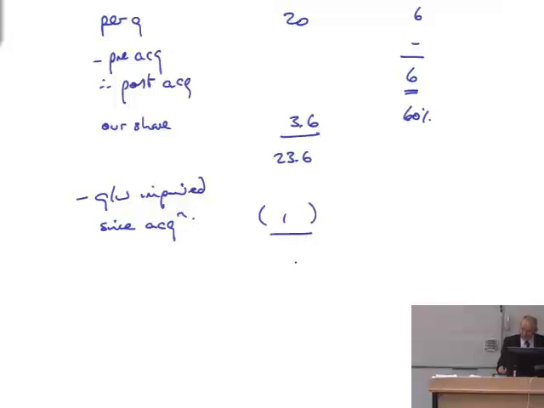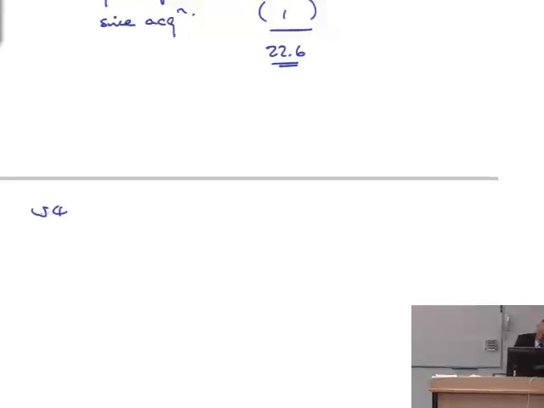So consolidated retained earnings are 22.6. And working 4 is the NCI. It's on the statement of financial position, and their share is 40%.